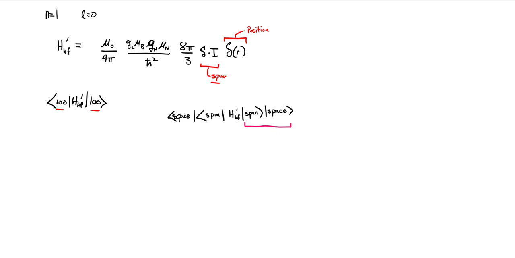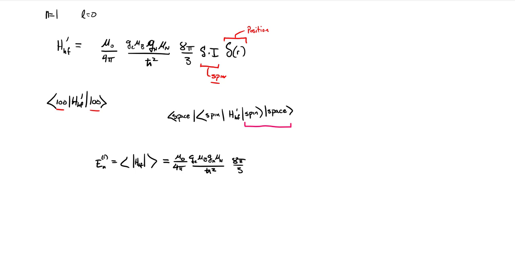So when we do that for this hydrogen 100 state, this diagonal element, I'm going to just write it like this to keep track of what we are. All these constants can come out front, pi, G_e, Bohr magneton, G_n, mu_n over h bar squared, 8 pi over 3.